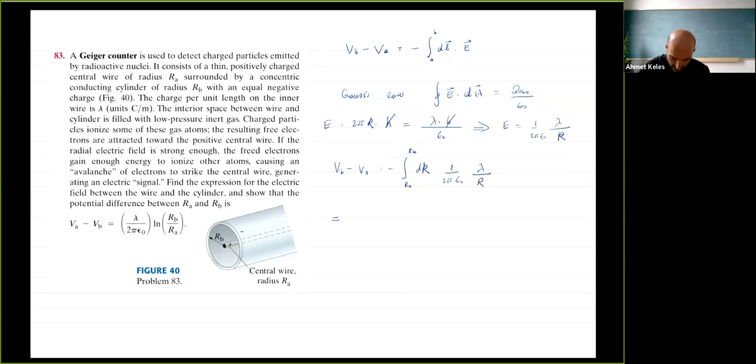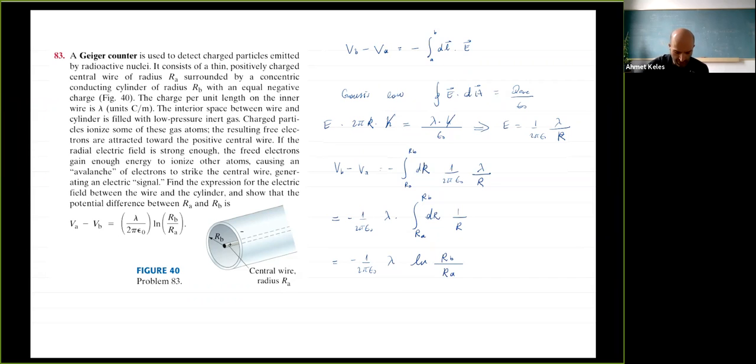And this is equal to minus 1 over 2 pi epsilon naught lambda times the integral of dr over R from RA to RB. So what is this? Yes, thank you. This will be equal to minus 1 over 2 pi epsilon naught lambda ln of RB divided by RA.